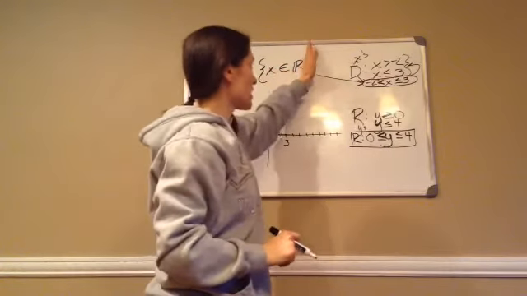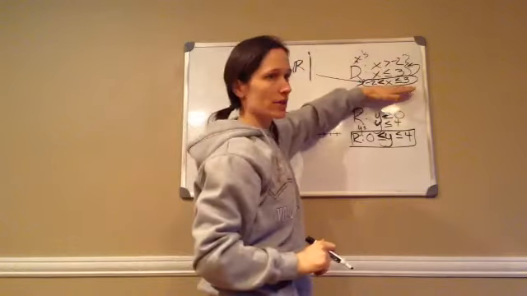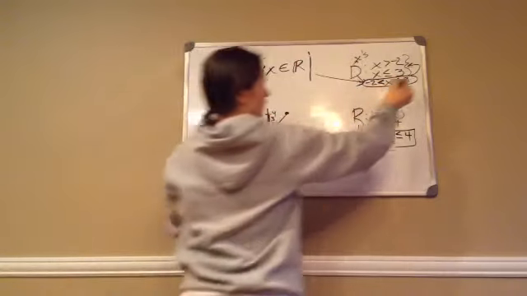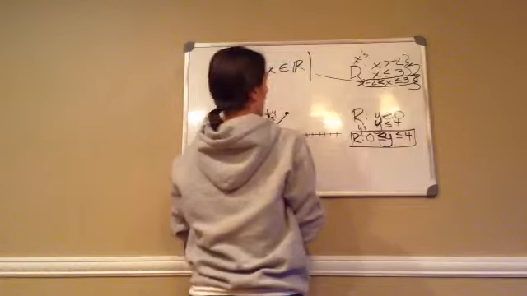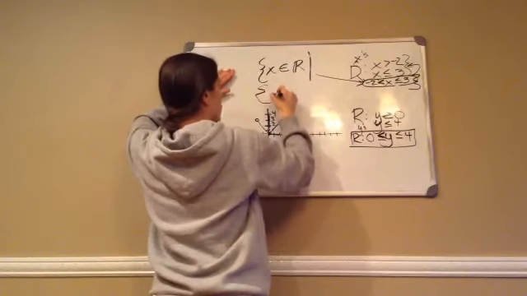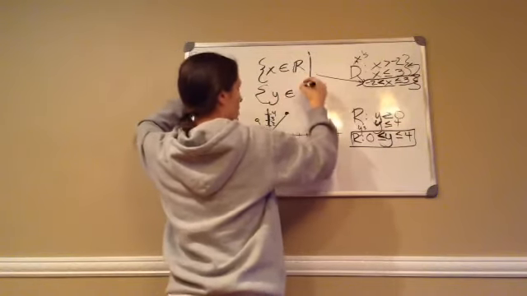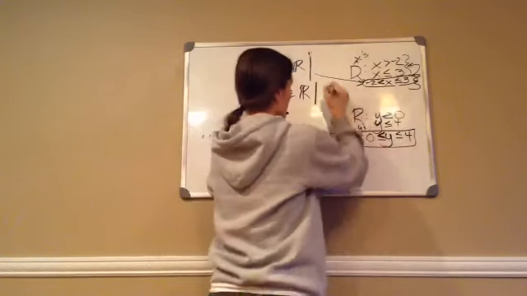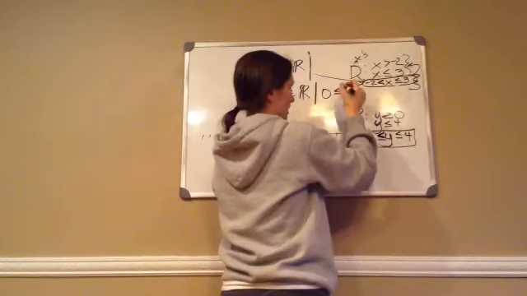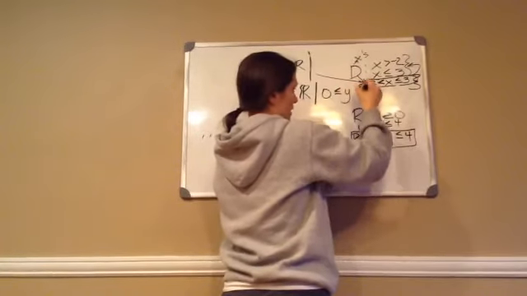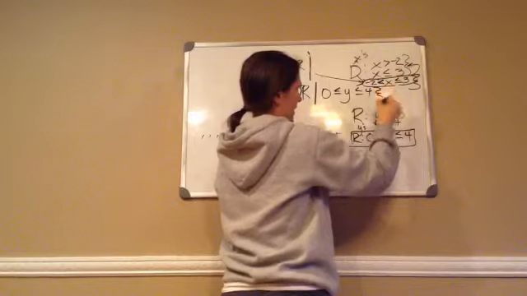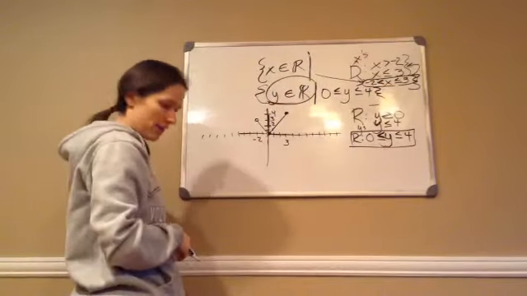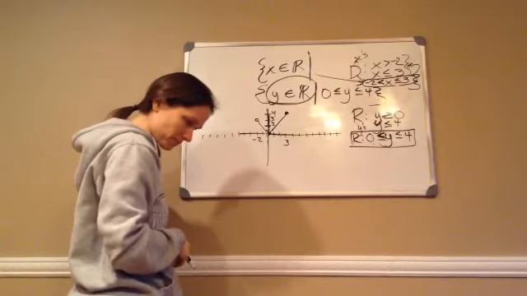Then they finish off with the squiggly. On the y one, they say y is a part of real numbers such that 0 is less than or equal to y is less than or equal to 4, and then they end with the squiggly. So they have this in front of them every time to answer it.